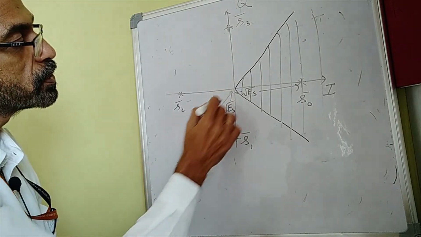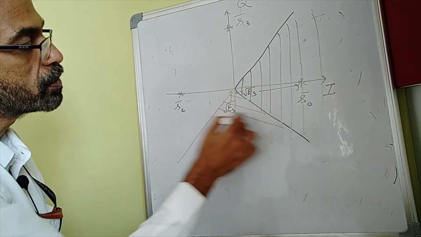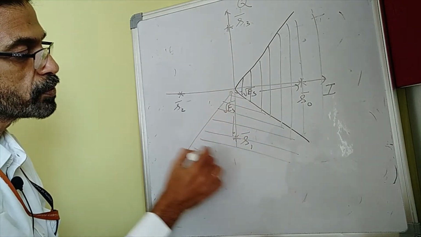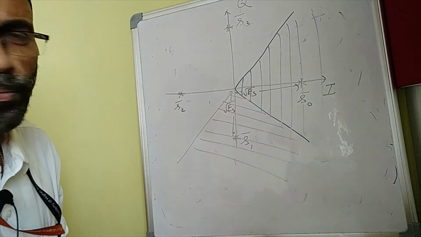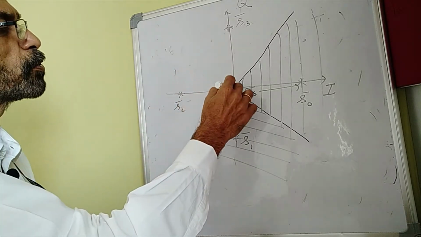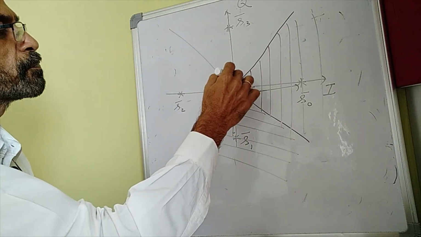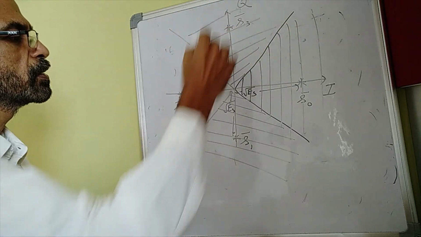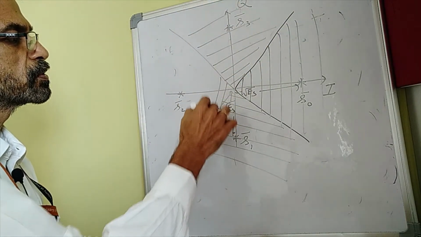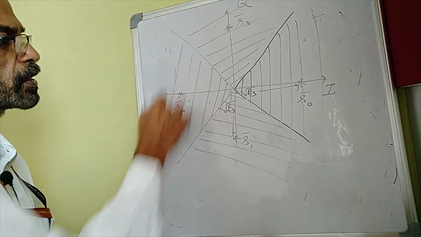Similarly, this will be the region corresponding to signal S1. That means all the points here are closer to S1 compared to the other signal points. And then we have this region for S3 and this region for S2.